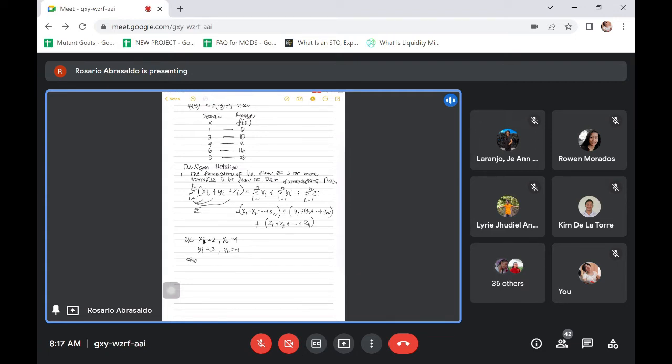Find the value of the summation of the quantity 3x sub i minus y sub i plus 4, where i is from 1 to 2.